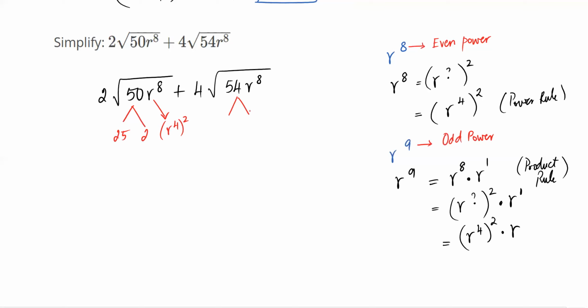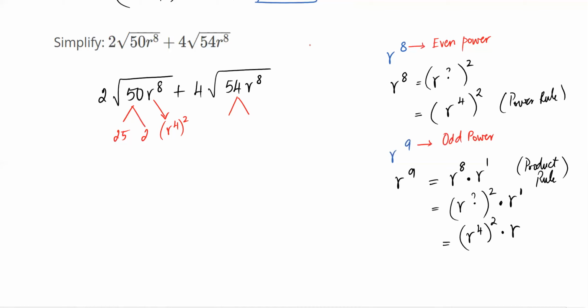The plan for the second term, again, look at 54. See if it is divisible by 2. Yes, we know it's divisible by 2. That's 27. Then look at 54, see if it's divisible by 9, which is 6. Nice. I hope you're tracking with me.